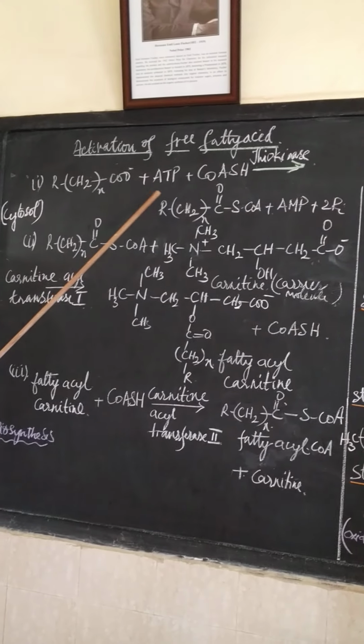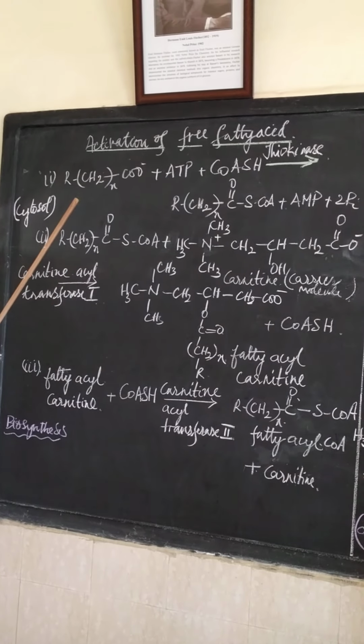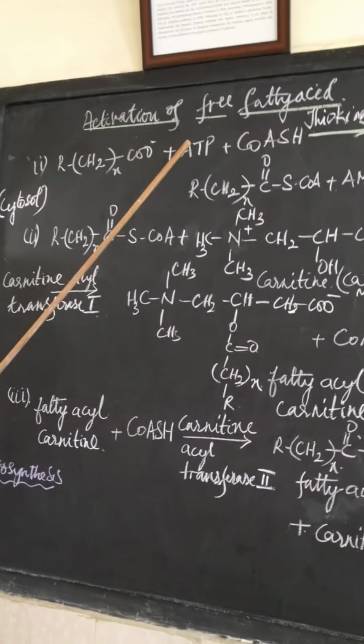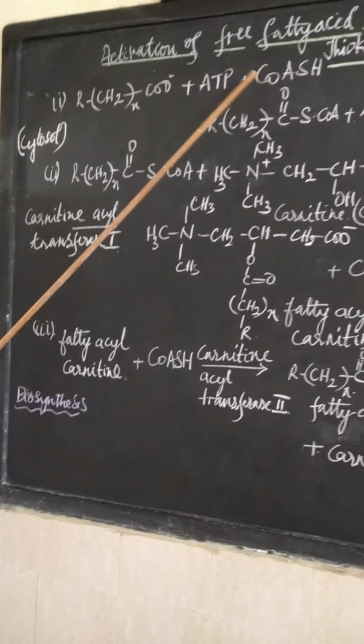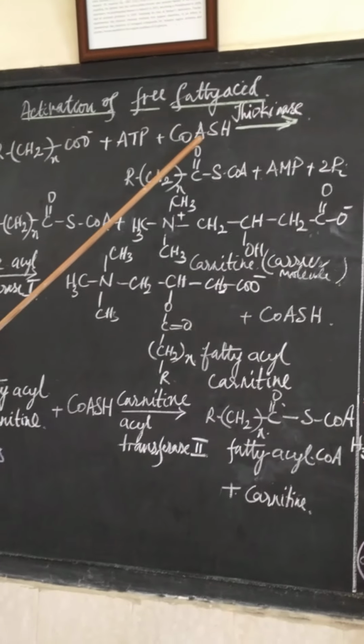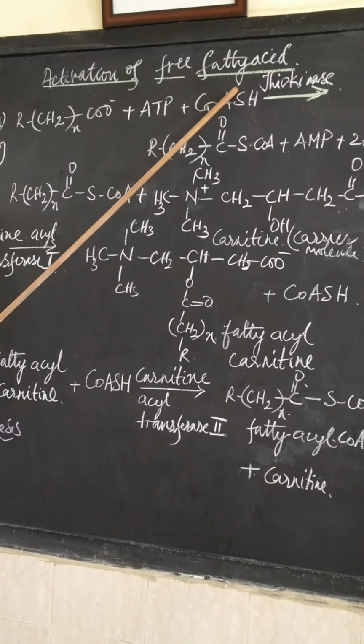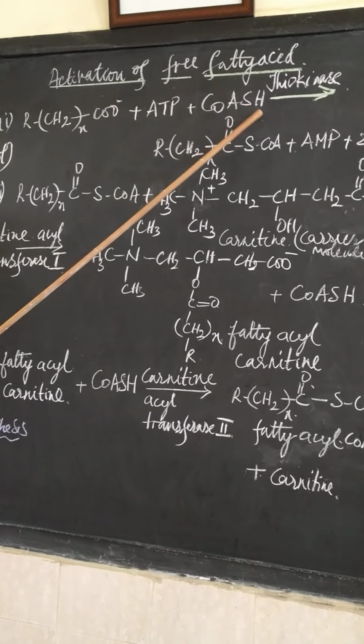Once the fatty acid has reached the cytosol, it has to be activated by expenditure of ATP, and there is coenzyme A, which we call CoASH, because you can see there is a sulfhydryl SH group similar to your OH.